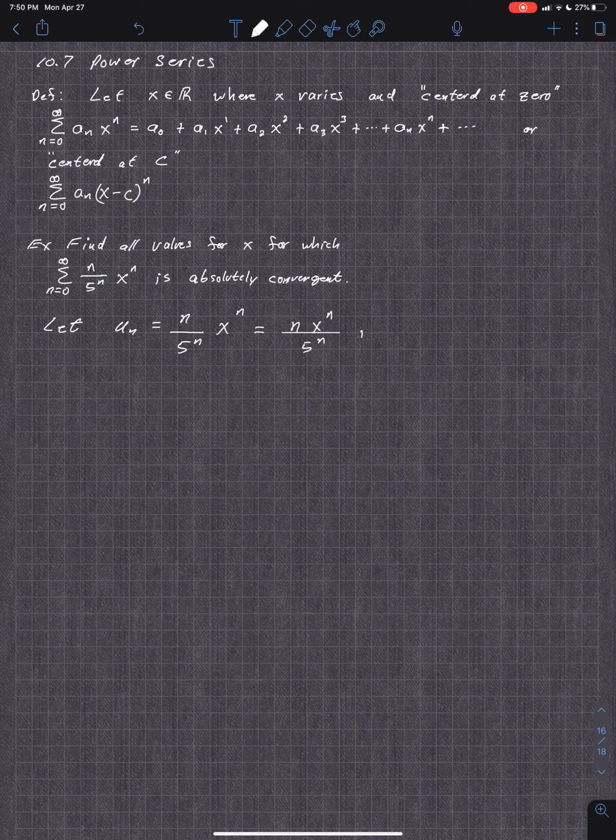So you can apply all those tests we've had before. In this case, we're going to apply the ratio test. So then apply the ratio test.